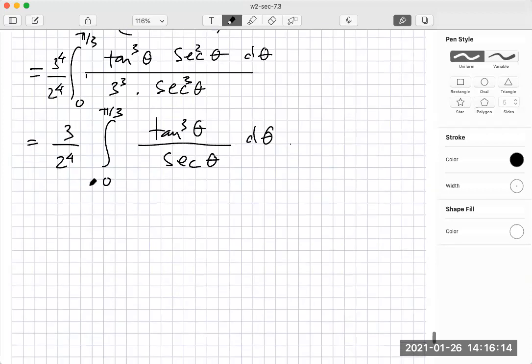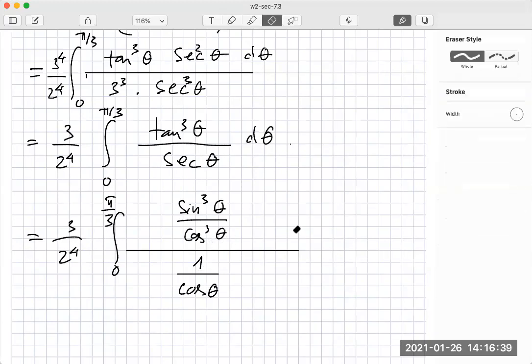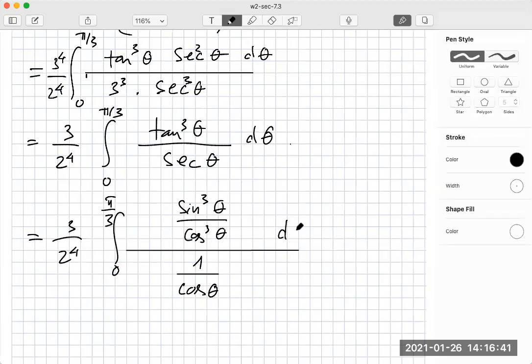The numerator here becomes sine cubed theta divided by cosine cubed theta, and d theta here.